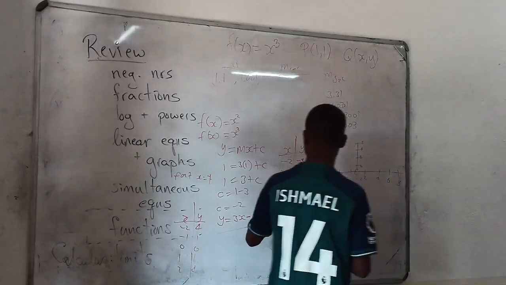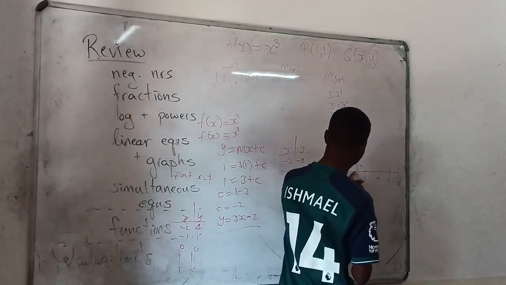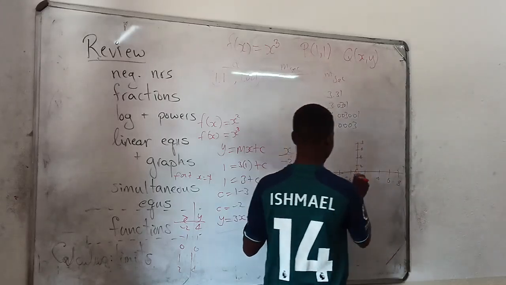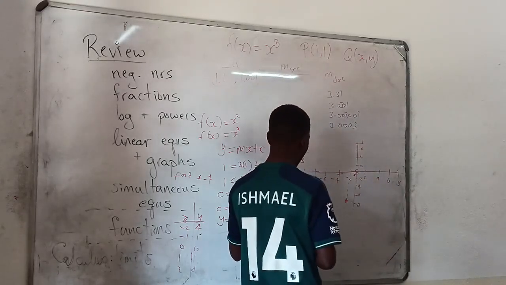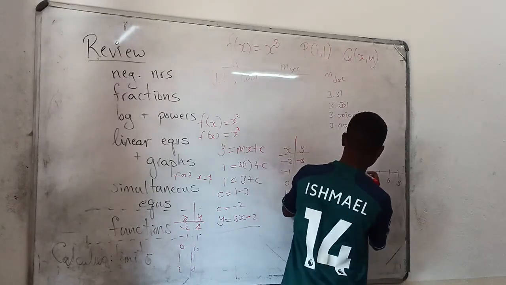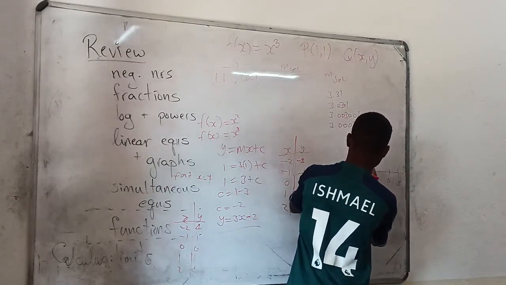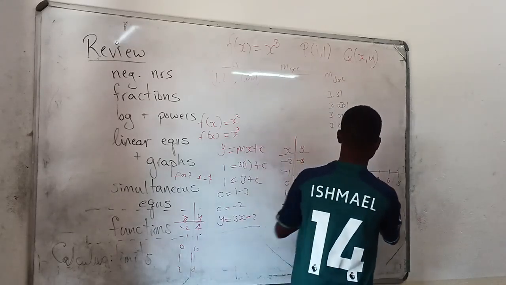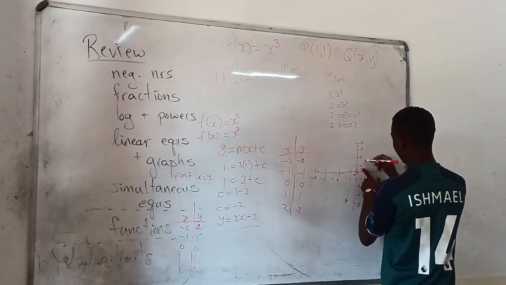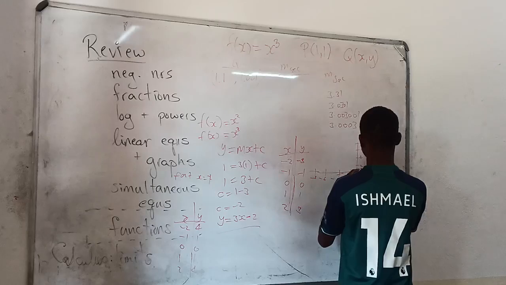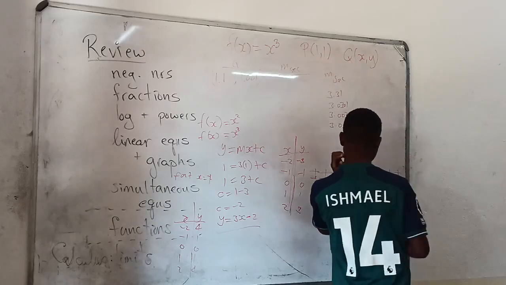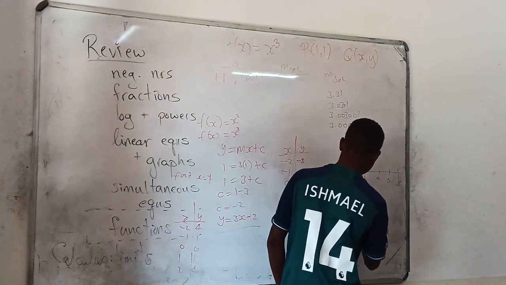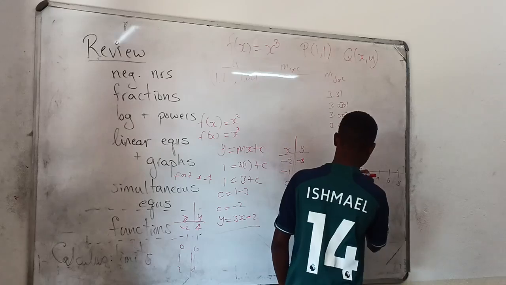Negative 1, negative 1. 0, 0. 1 and 1. 2 and 8. Like that, which means our graph will be like this. I'm not too accurate.